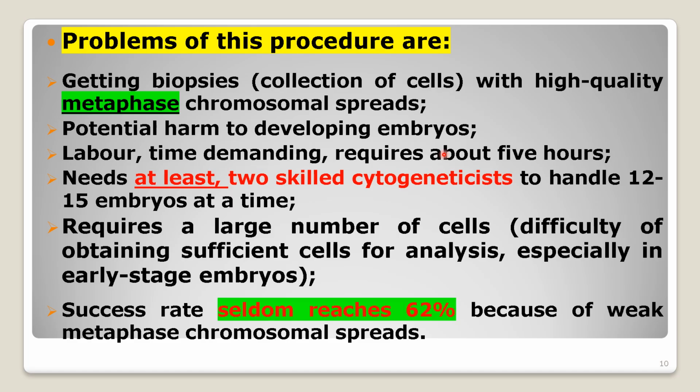There is also the need for skilled cytogeneticists; you need at least two to handle up to 50 embryos at a time. It requires a large number of cells, and there is usually difficulty obtaining sufficient cells for analysis, especially at the early stage of embryo growth. The success rate seldom reaches 62% because of weak metaphase chromosome spread. So these are the problems linked to karyotyping.